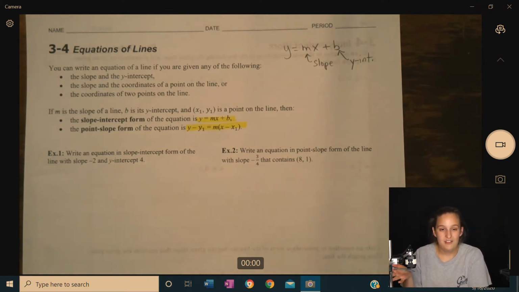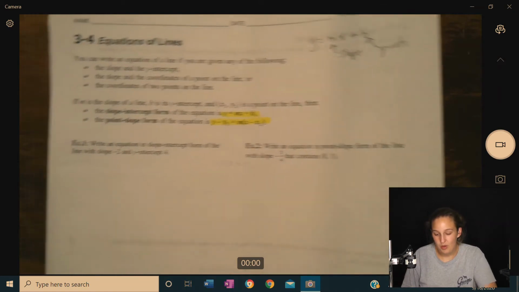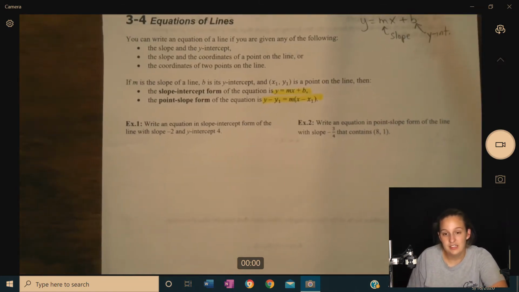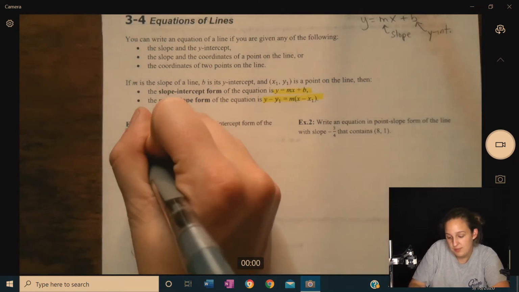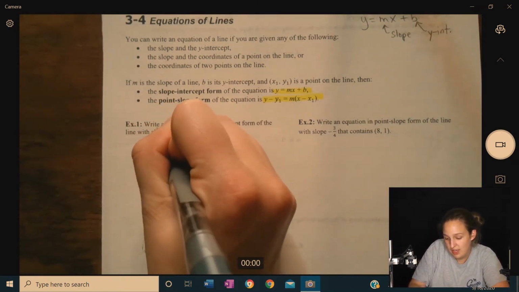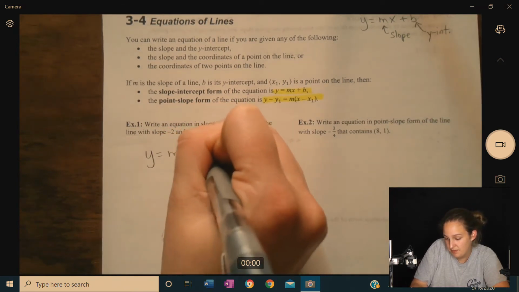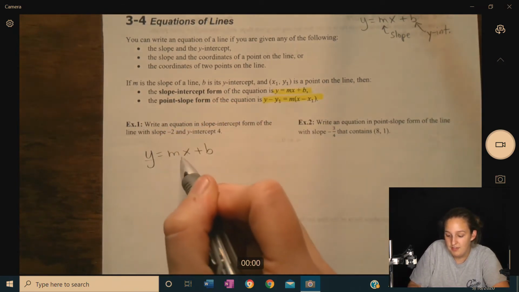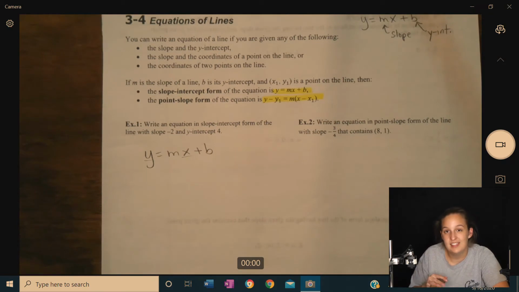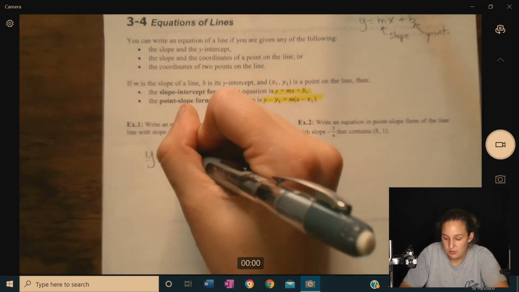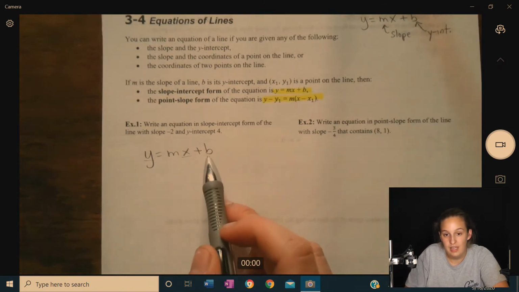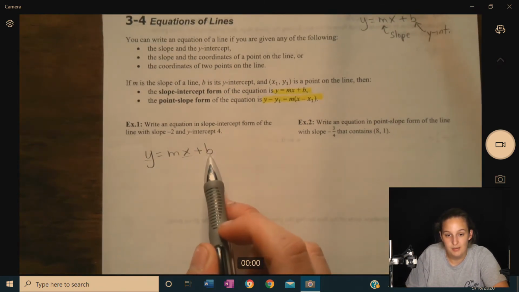All right, so the first thing we want to do, let's look at example 1. Write an equation in slope-intercept form with the slope of -2 and the y-intercept of 4. Well, this is pretty easy. y is equal to mx plus b. So you leave y, you leave x. Those are your variables that stay in your equation. But we want to replace m, the slope, and b, the y-intercept.